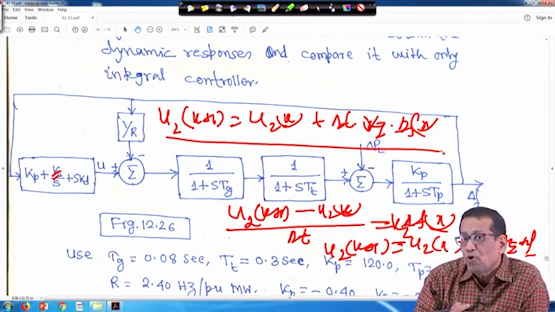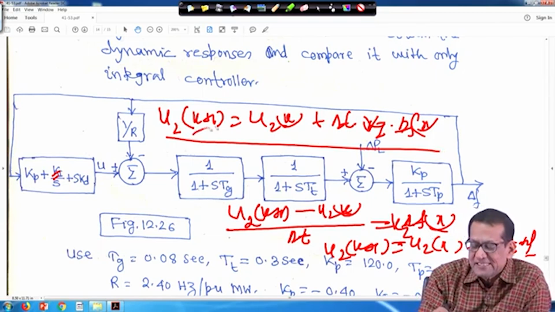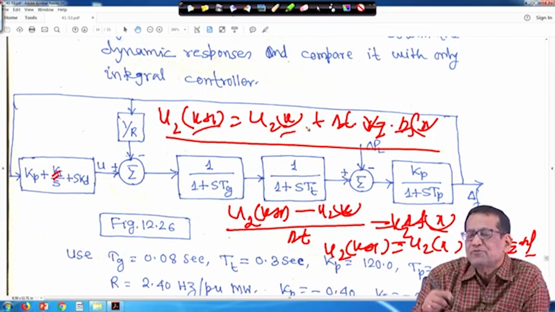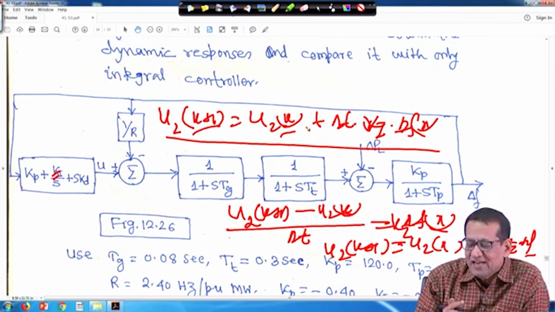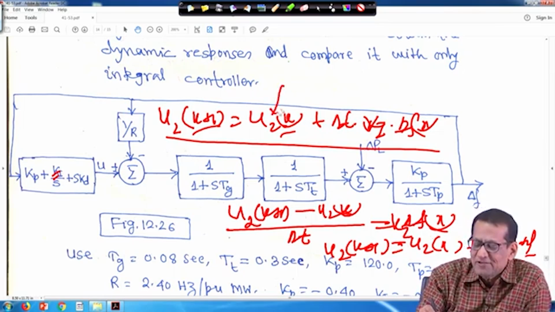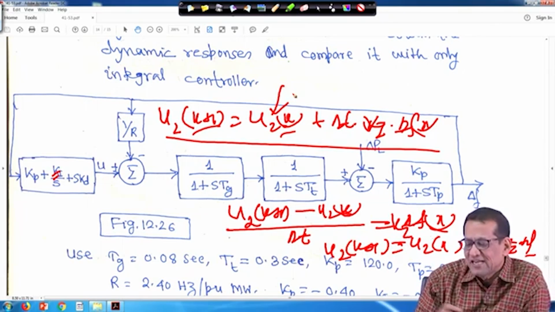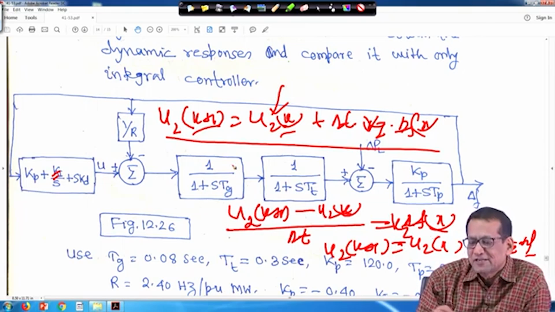When you write the code, you have to put it in a loop, and when you integrate, the initial value of U2 will be 0, and accordingly you integrate. So, this is your U2.